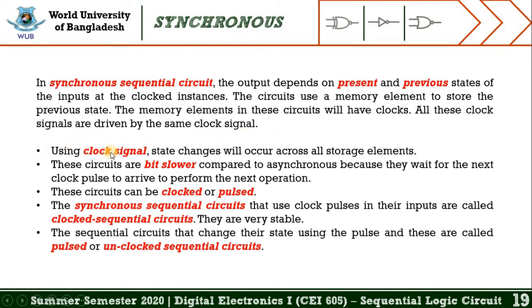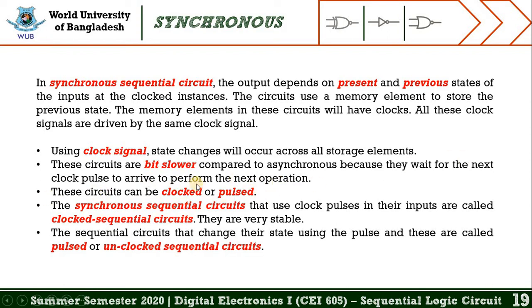This type of sequential circuit has some characteristics. Number one, using the clock signal, state changes will occur across all storage elements. Next, these circuits are a bit slower compared to asynchronous sequential circuits because they wait for the next clock pulse to arrive to perform the next operation.